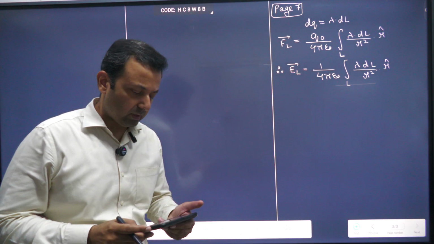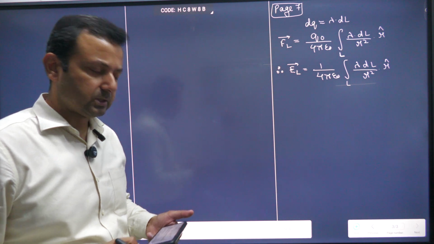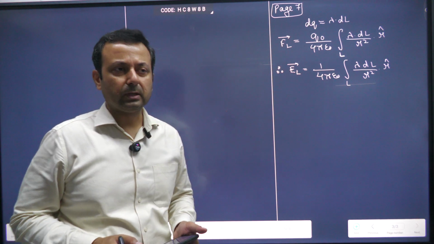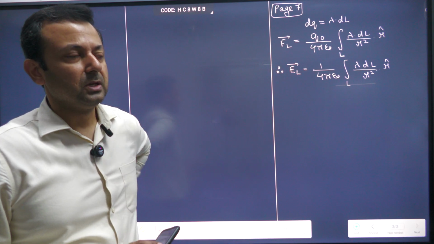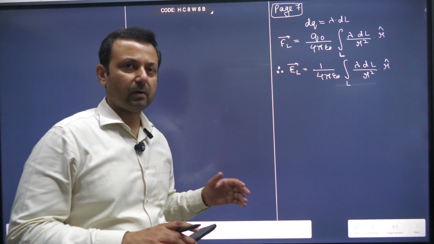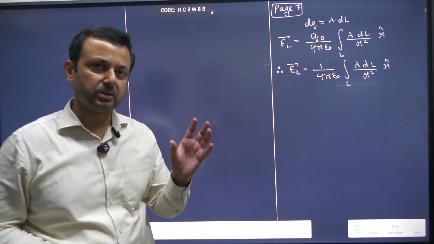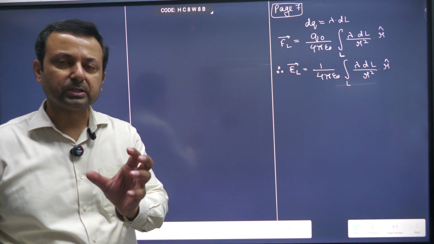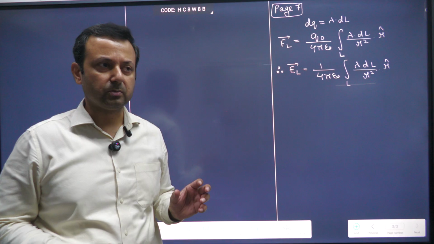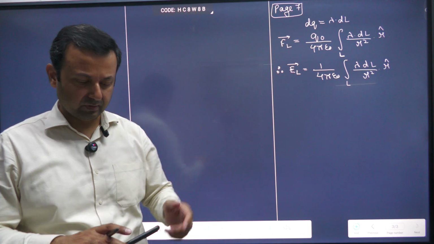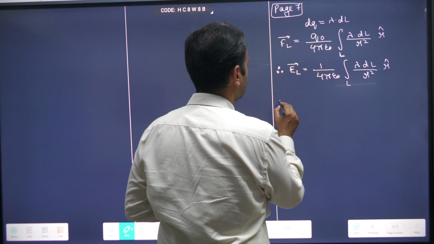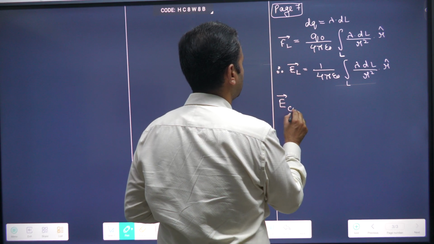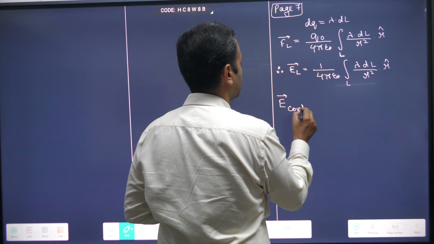Okay, so the total electric field due to a continuous charge distribution. Continuous charge distribution means suppose we have a space where we have volume charge distribution, line charge distribution, and surface charge distribution also. So the total electric field, E cont, is for continuous.